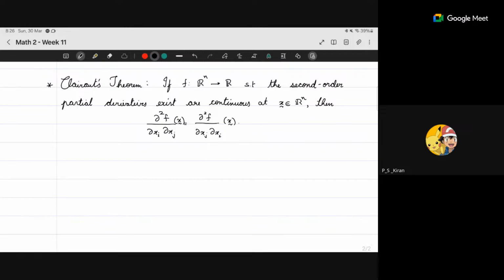So, what do mixed partial derivatives mean geometrically? I don't have a good answer to that.